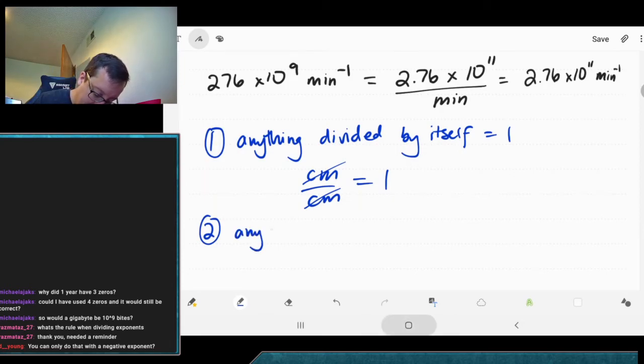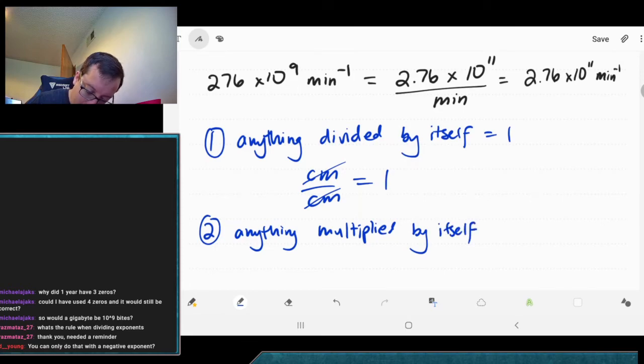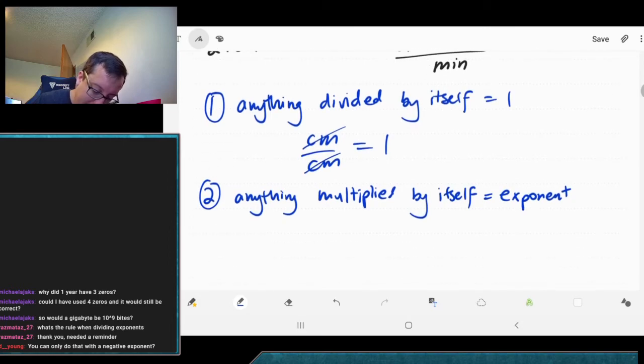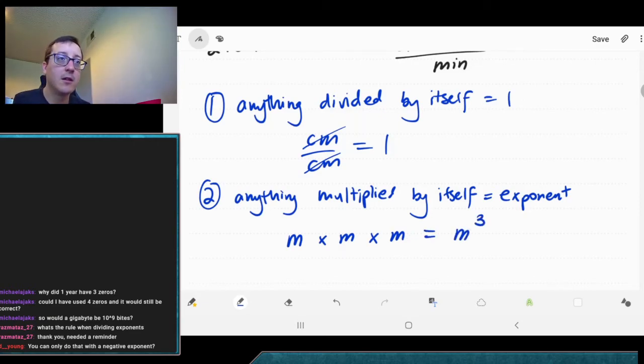If we say anything multiplied by itself, that becomes an exponent. So for example, if I have meters times meters times meters, that's meters cubed, cubic meters.